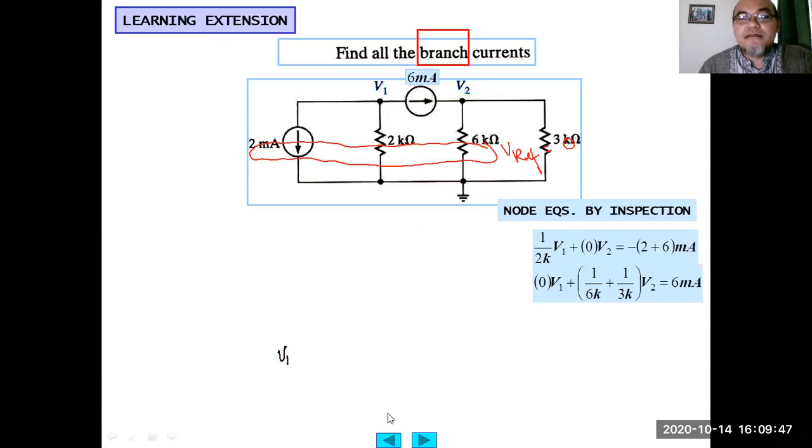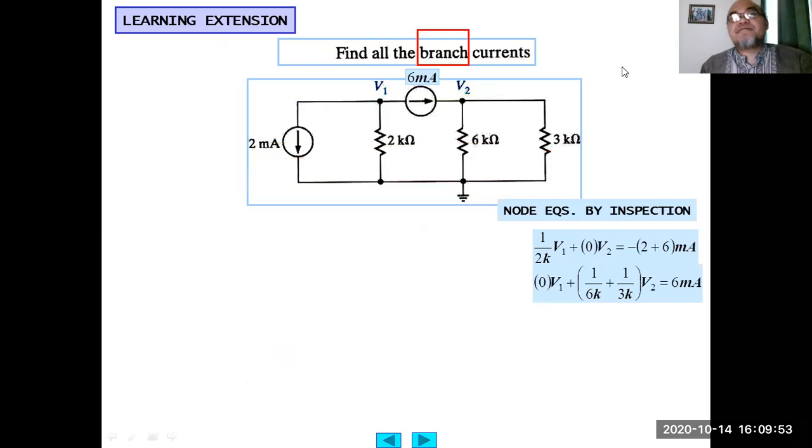Okay, clear all drawing. Now, another question: you are asked to find the branch currents instead. Of course, the branch current of 2 milliampere is already known, and also the one between node 1 and node 2, 6 milliampere.